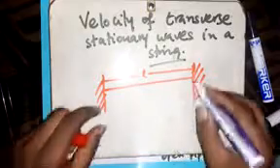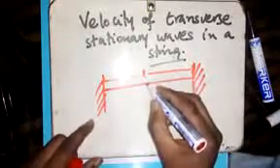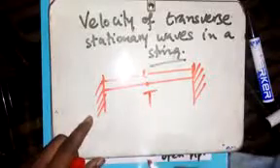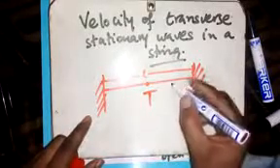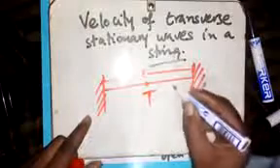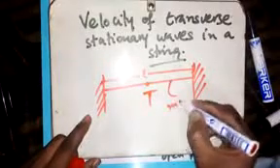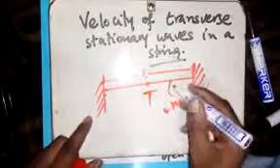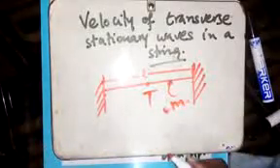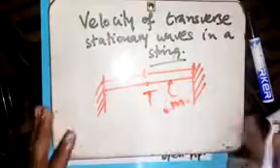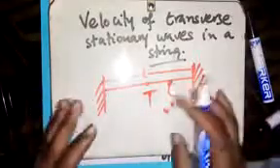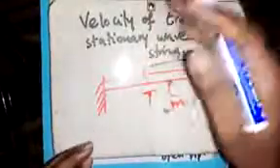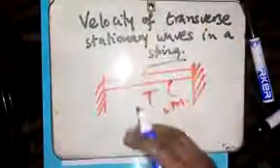Now, if it is fixed, that means this string exerts a certain tension T, and the string is not massless, it has a certain mass. Therefore, the string has a mass M. Now, how can we calculate the velocity or the speed of the string moving up and down when it is plucked at the middle?